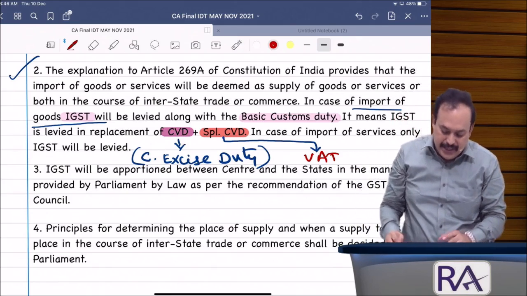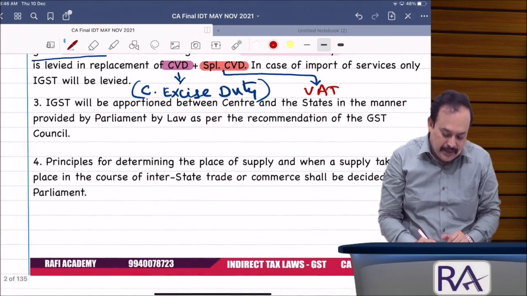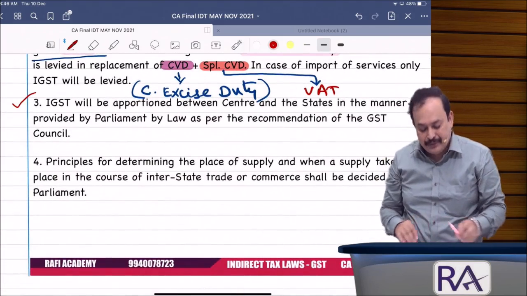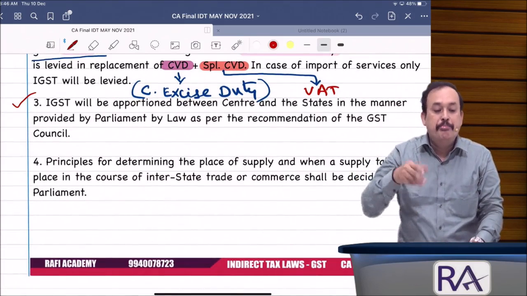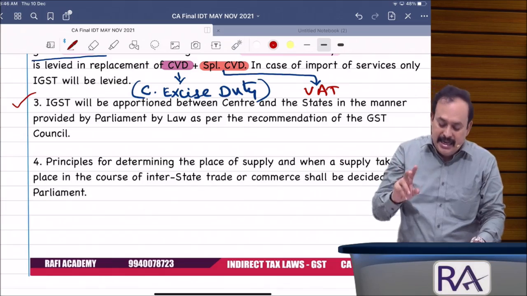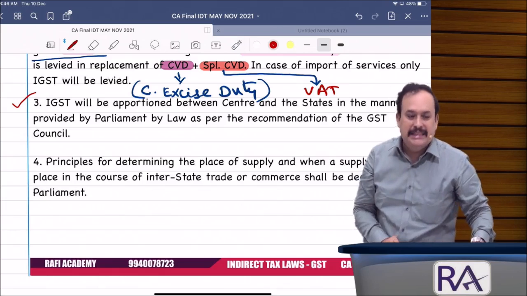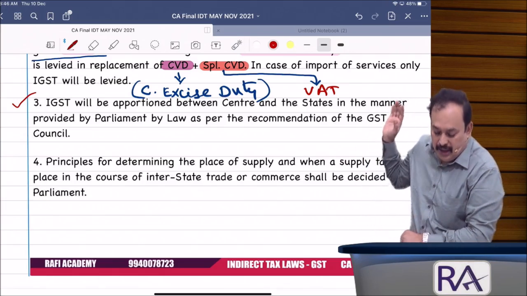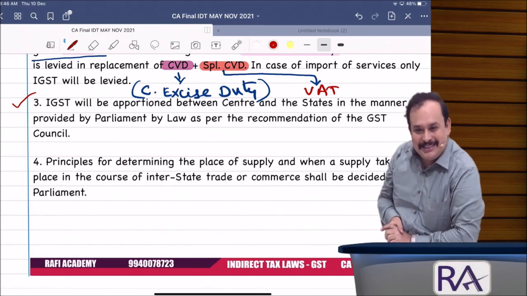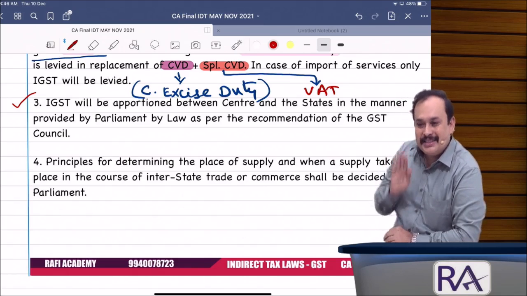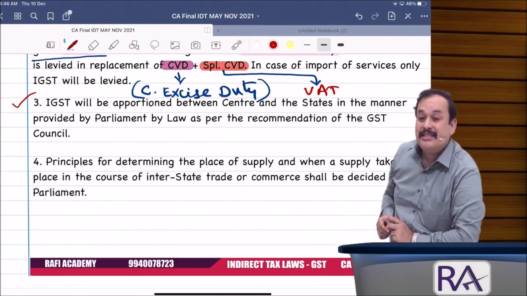Further referring to you here, point number 3, important provisions. IGST will be apportioned between central and states in the manner provided by Parliament by law as per the recommendation of the GST Council. Just now I said, no, my dear, IGST is a revenue of state as well as central.